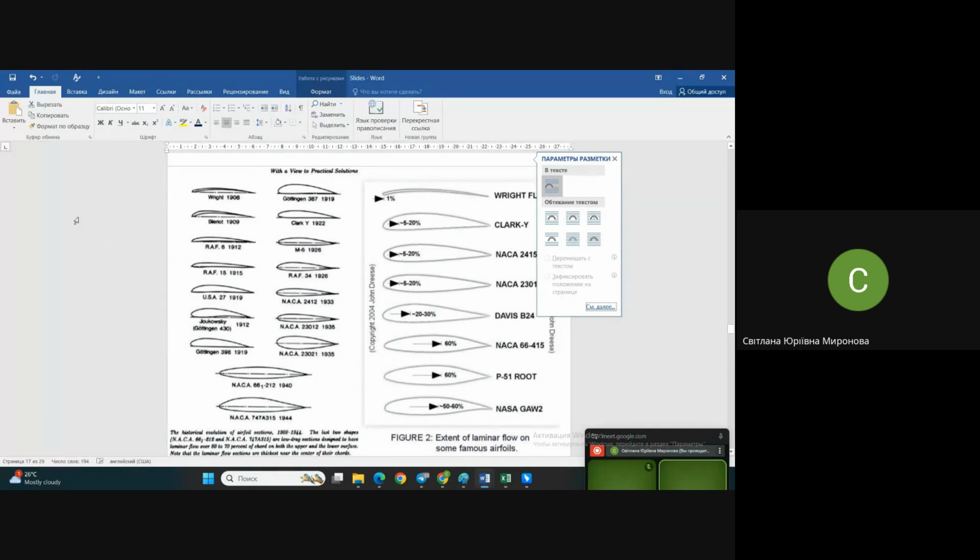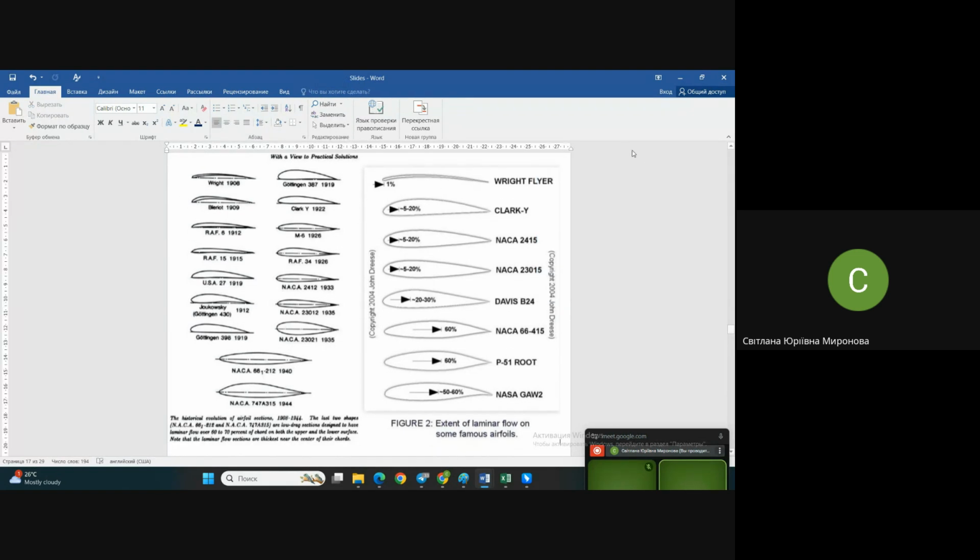You see different profiles which appear, so-called historical profiles. As we have not talked about those persons yet, maybe not all of them are familiar to you, maybe you already know these names. Above all, the Wright brothers airplane. Look at what the airfoil of the Wright brothers airplane looks like, the top one.